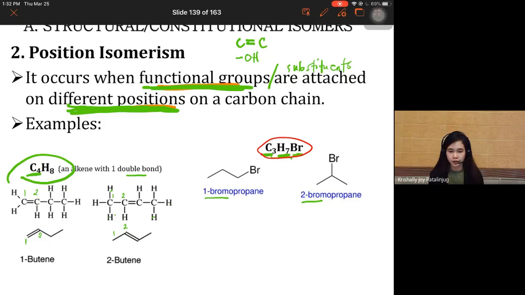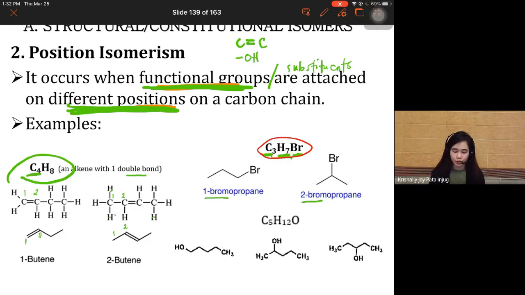Okay, for the isomerism. Then C5H12O, this could be an alcohol. Okay, wherein yung alcohol can have different positions on the carbon chain. Di ba? Alcohol is a functional group. Do you agree? Di ba? Functional group yung alcohol. Now, kung titingnan nyo sa structures being presented, sa first structure, nasa carbon 1. Sa second structure, nasa carbon 2.